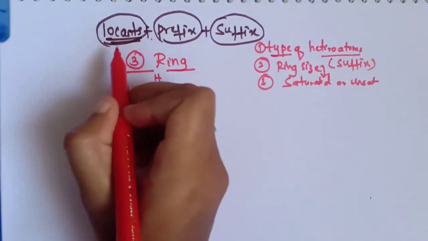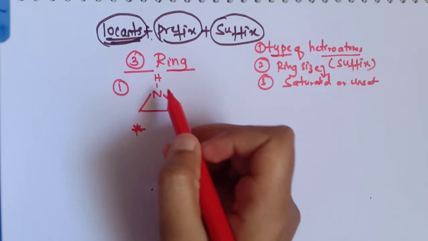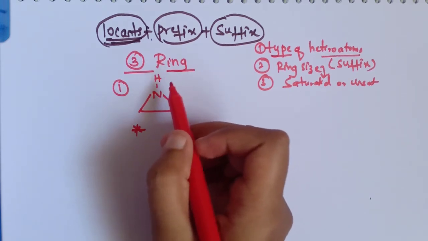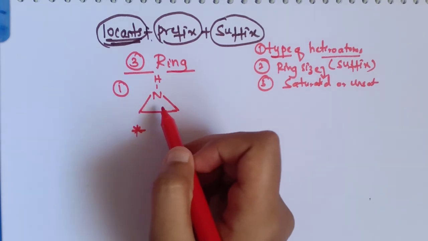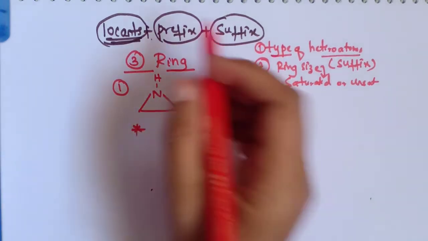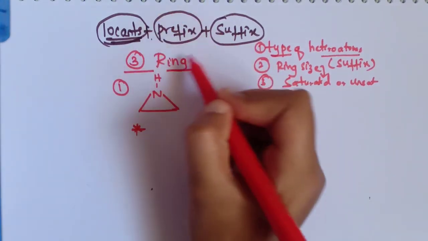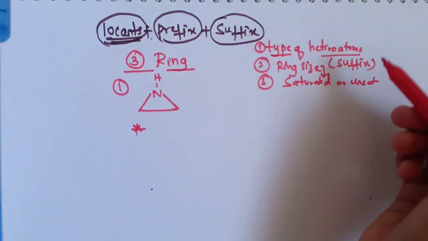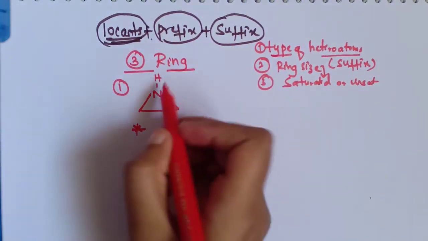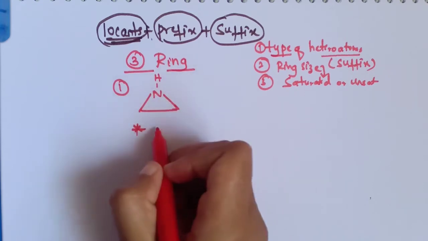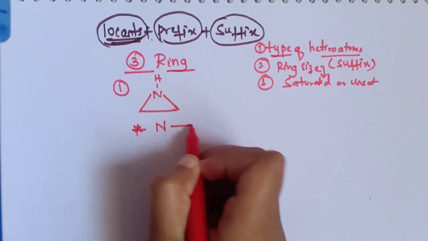First let's check whether any locants are present. Here only one nitrogen is present. There are no other heteroatoms present, so no need to number here. So no locants are present. Next we should take the prefixes, keeping all this in mind. Here the nitrogen is present, so it is aza.